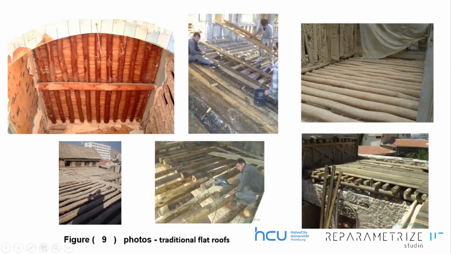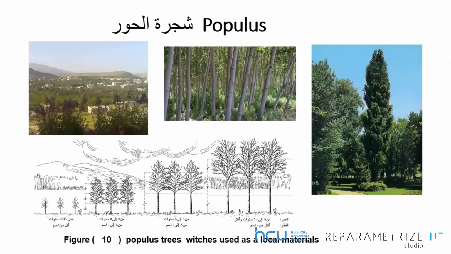lime or mud. Imagine the number of these natural woods: one house of about 1,000 square meters needs 500 wooden beams. That means it needs 500 trees to construct this building.